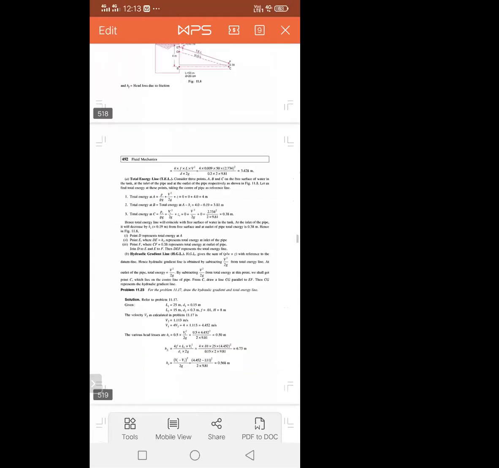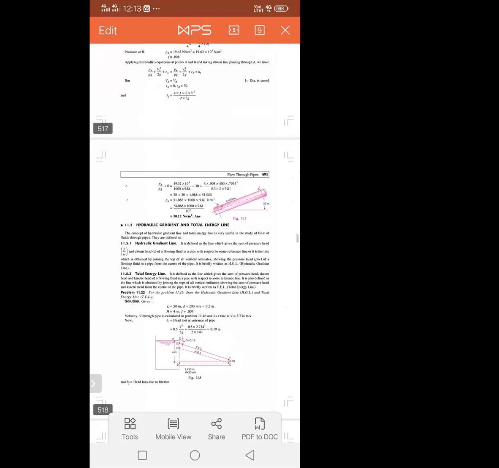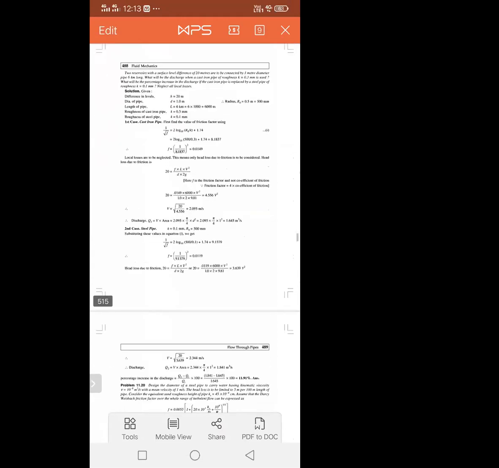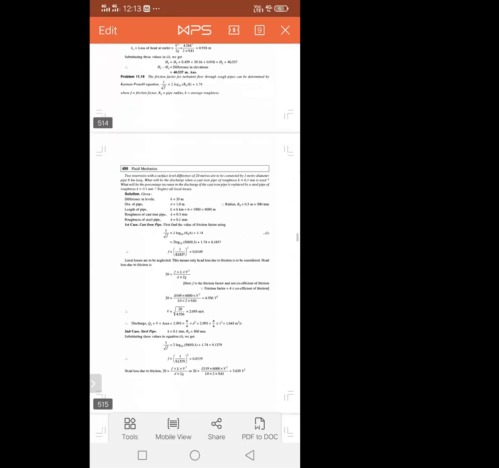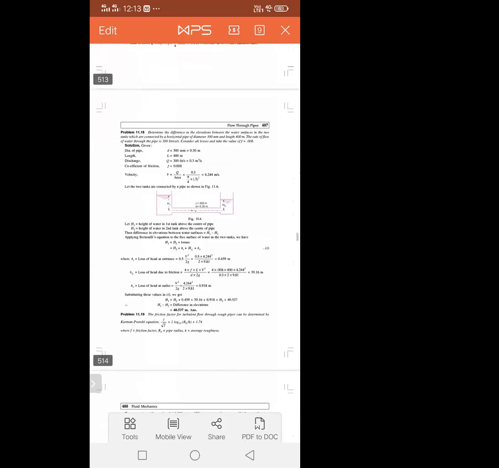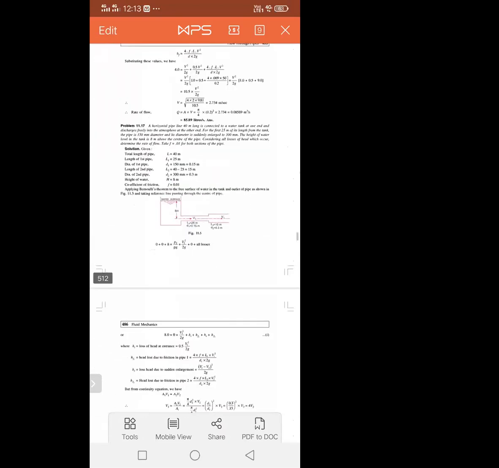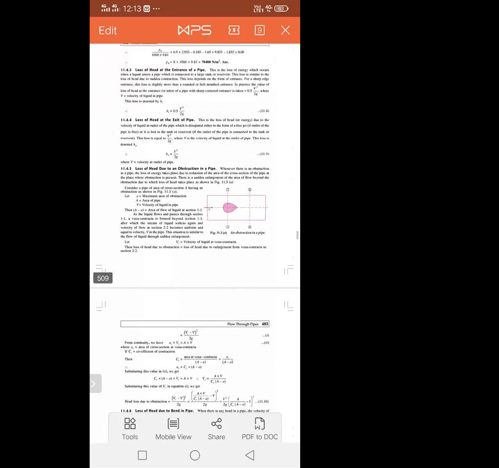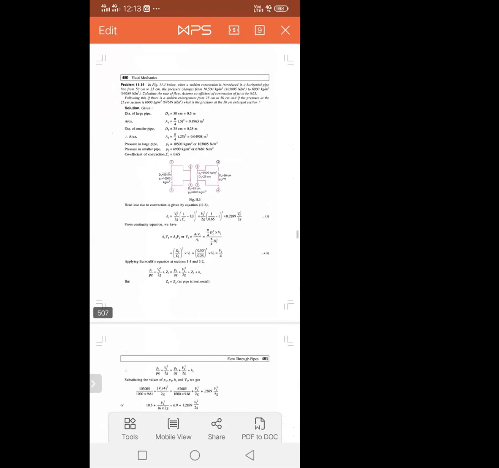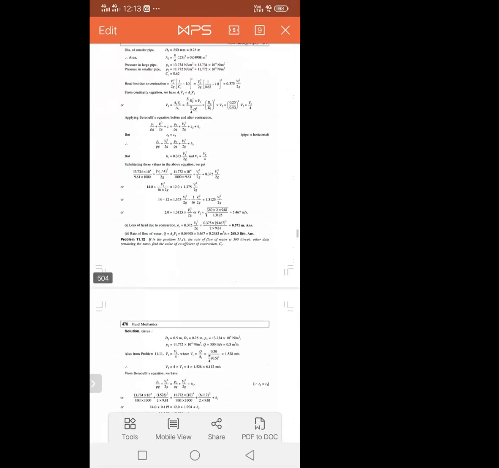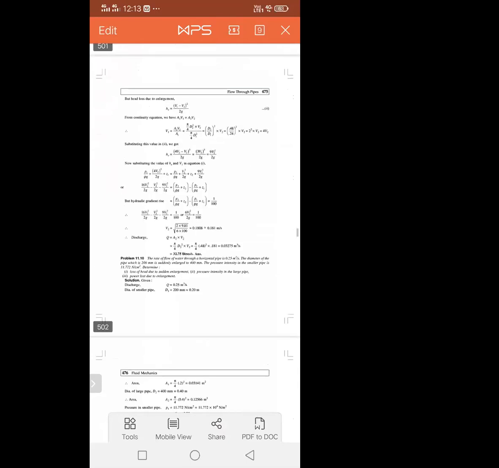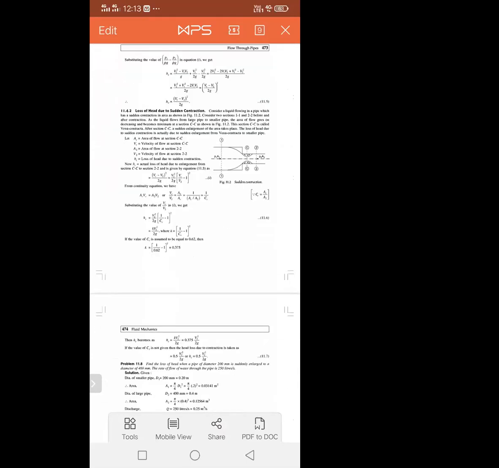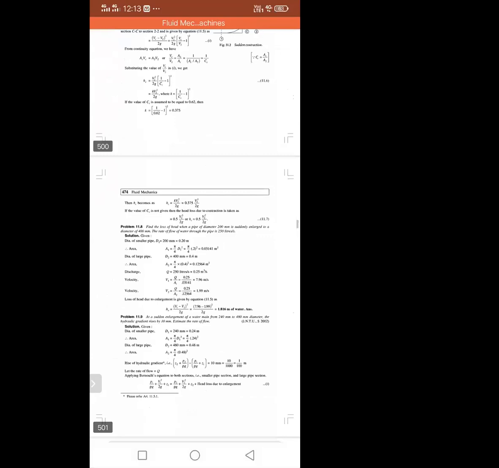And minor losses are taken according to the section of pipe: sudden contraction, sudden expansion, bending, obstruction, pipe fitting. By adding major loss plus minor loss, you will get the value of total head loss in that pipe section.